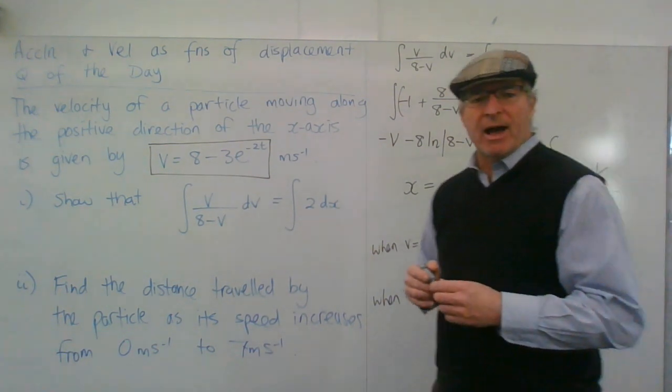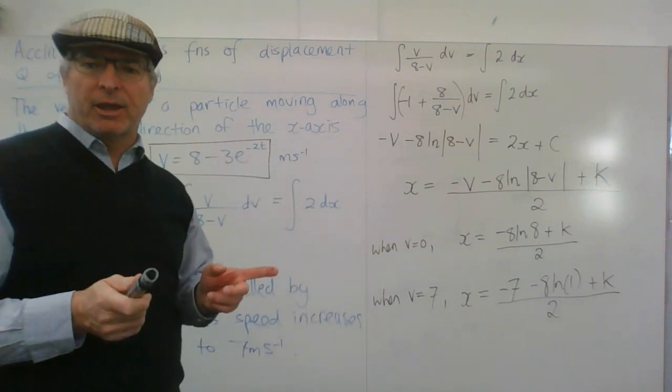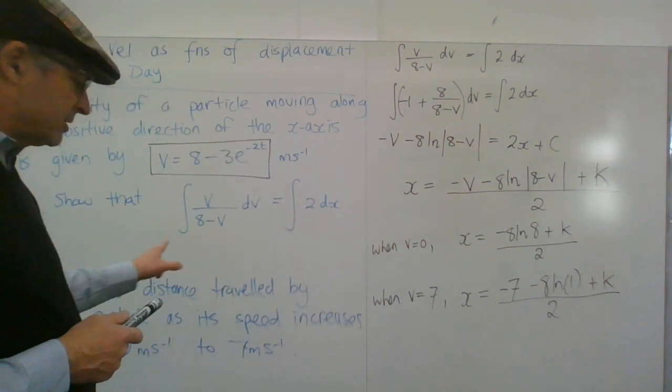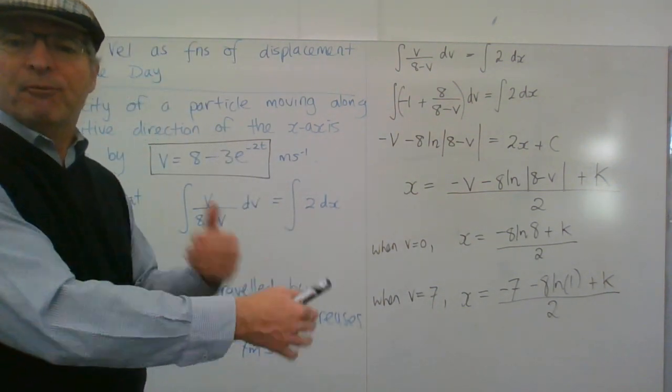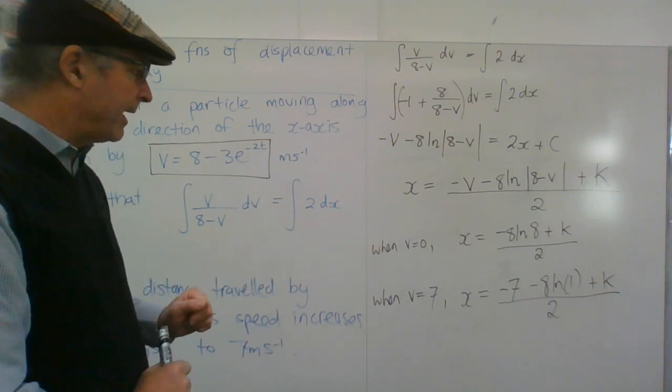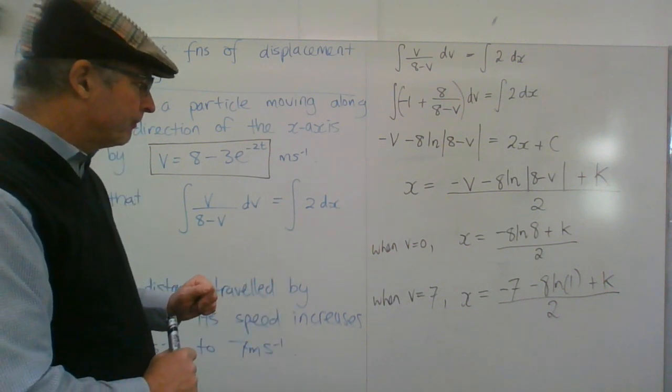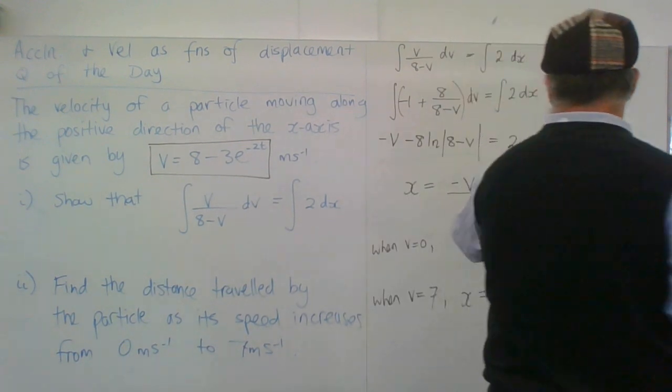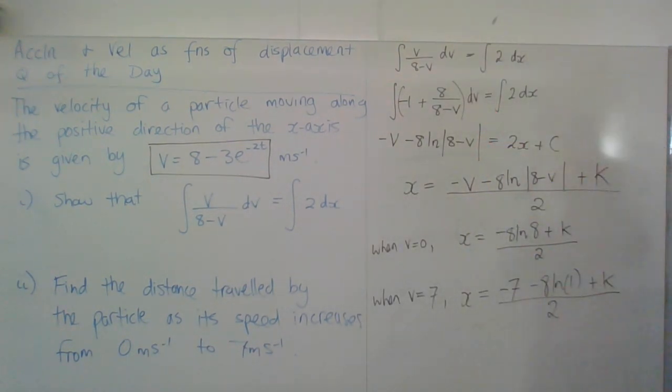I never found the value of k, but it's going to be okay because I want the distance, so I want to know the difference, and it'll subtract away. So I just need to erase this top bit now because I've used that, and find the difference between these two values.